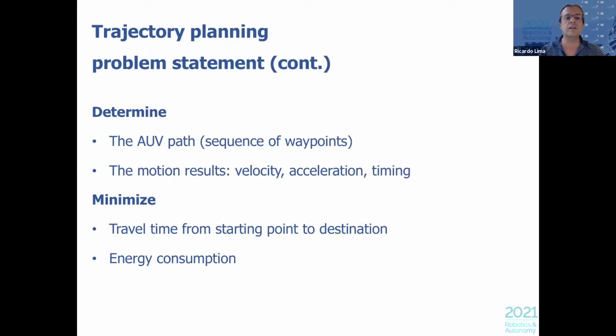And we want to determine the trajectory, meaning the path, the sequence of waypoints, but also the motion results in terms of velocity, acceleration, and timing, in order to minimize the travel time from the starting point to the destination and/or the energy consumption.